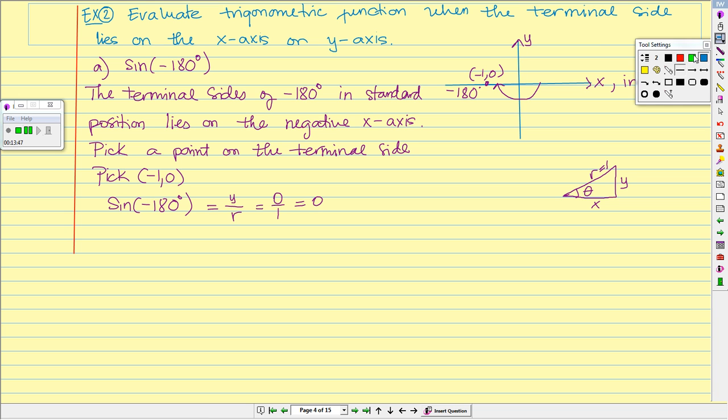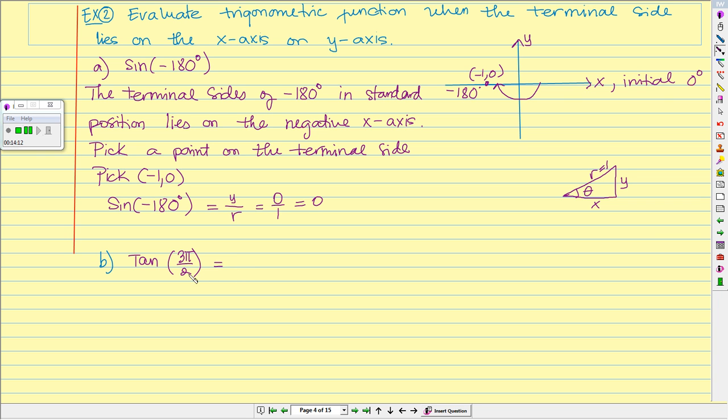Okay, let's do one more example. Let's find tangent of 3 pi over 2.